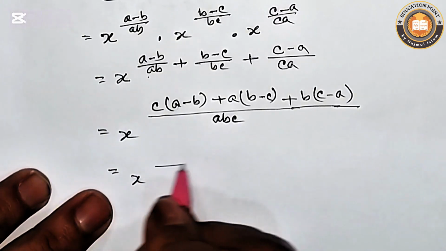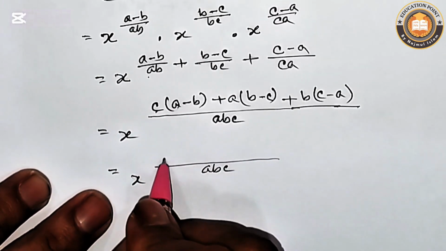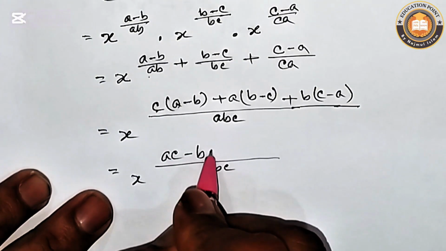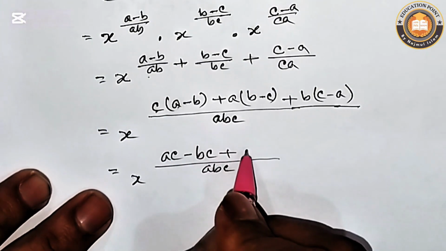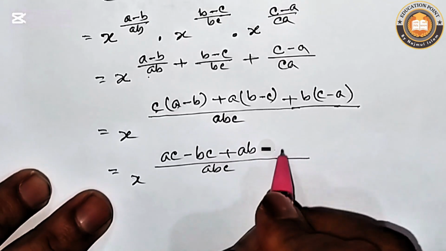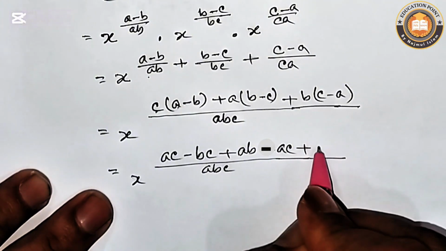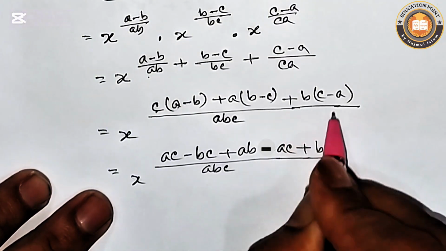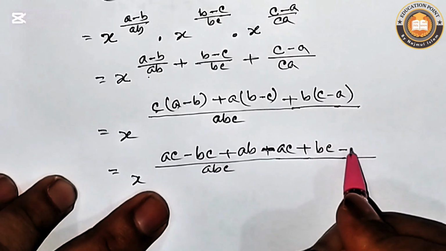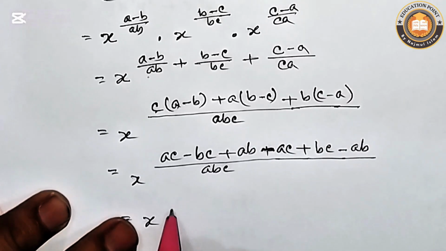Equal x to the power, abc, c times a is ac minus c times b is bc, plus a times b is ab, a times c is ac, plus b times c is bc, minus b times a is ab.